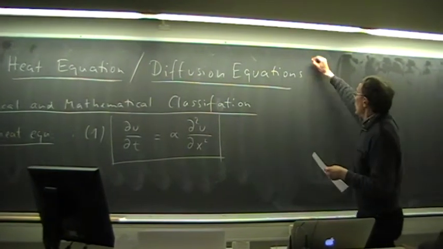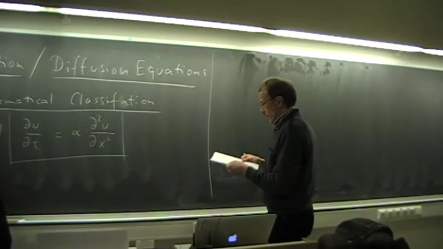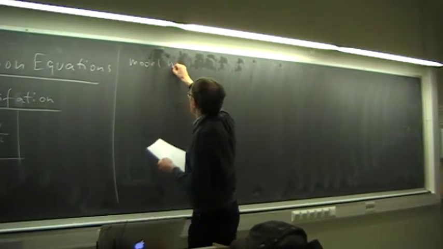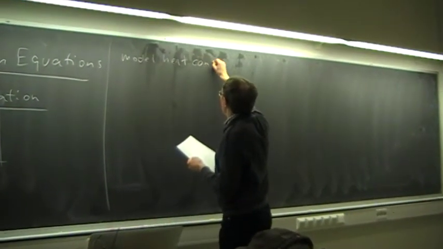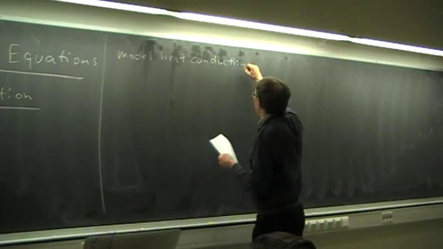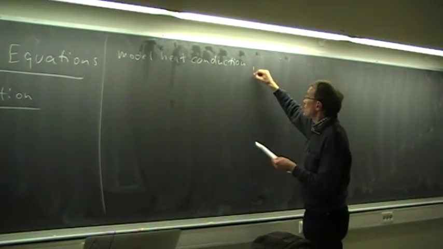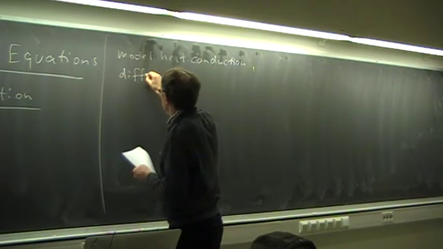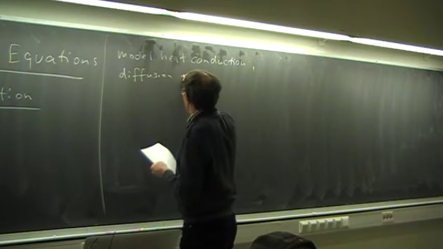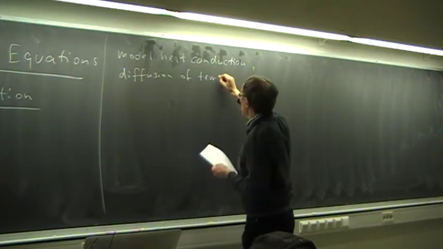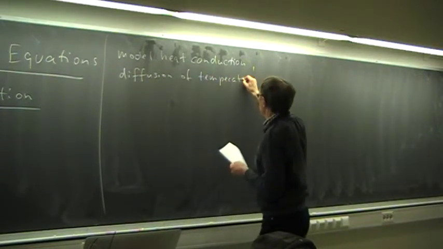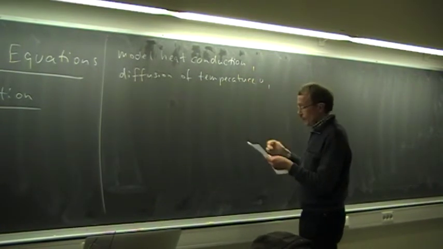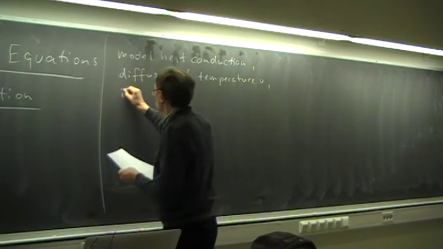And that models heat conduction, or we could also say the diffusion of temperature. So U is temperature in this case, in a 1D isotropic medium.